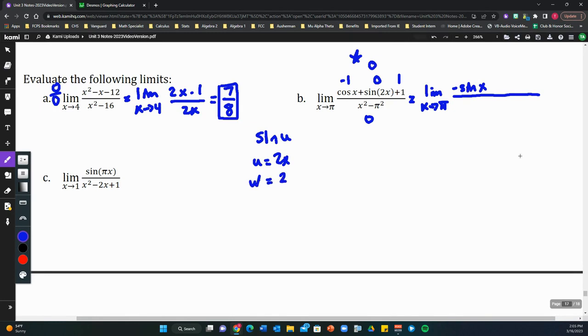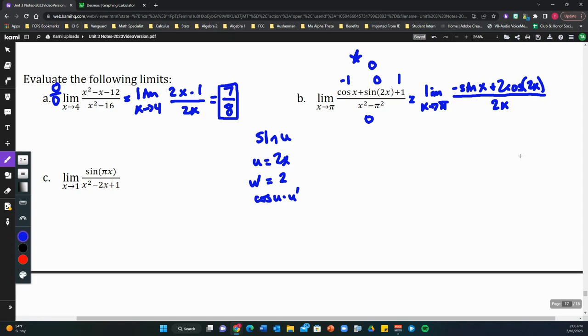So derivative of sine of u is cosine of u times u prime. So this will really turn into plus 2 cosine of 2x. And then the constant will drop out. And then on bottom, x squared is just going to be 2x. Pi squared is just a constant, so a number, so it also simply drops out.